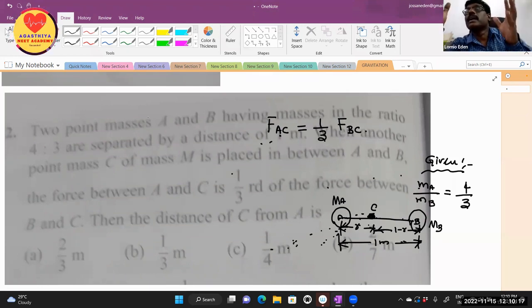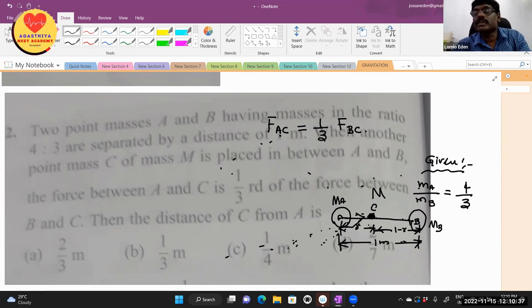There are two masses, A and B, and a mass C of capital M is placed between them. The force between A and C is 1/3 of the force between B and C. It will be an attractive force. This force is 1/3 of this force.